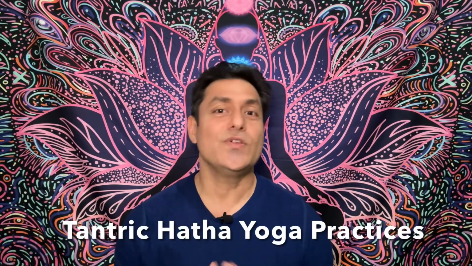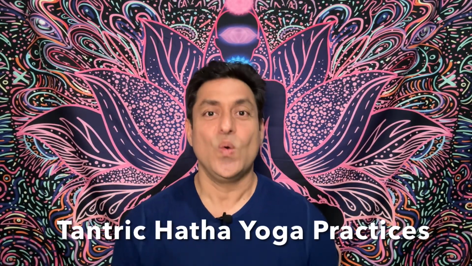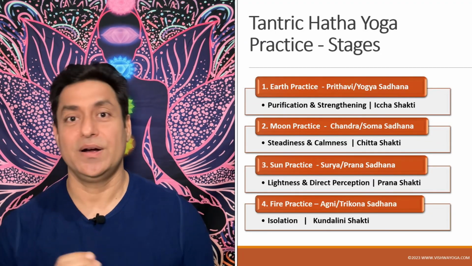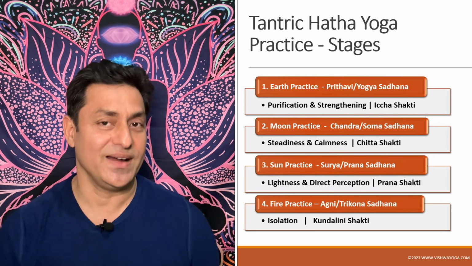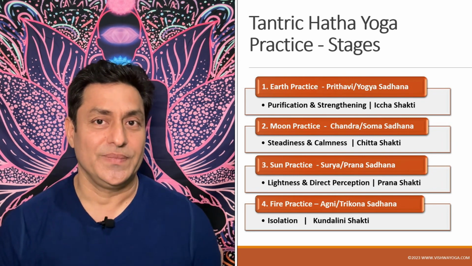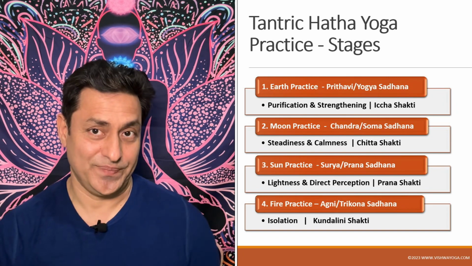Now, let's focus on Hatha Yoga, where the 7 practices described in the Gheranda Samhita are mapped into these 4 practices: earth, moon, sun, and fire. You can see their grouping right here in the respective area.